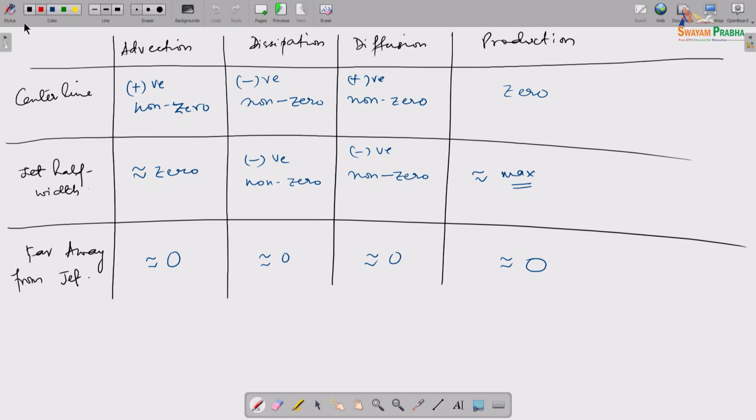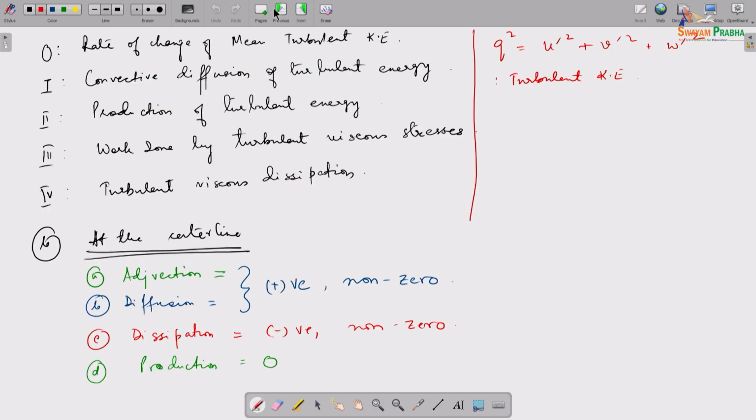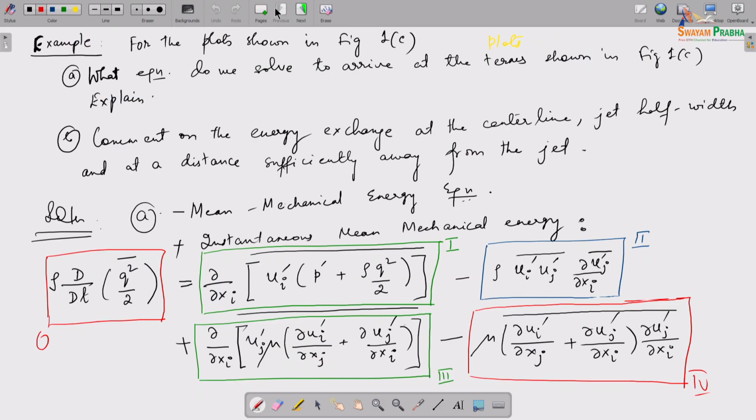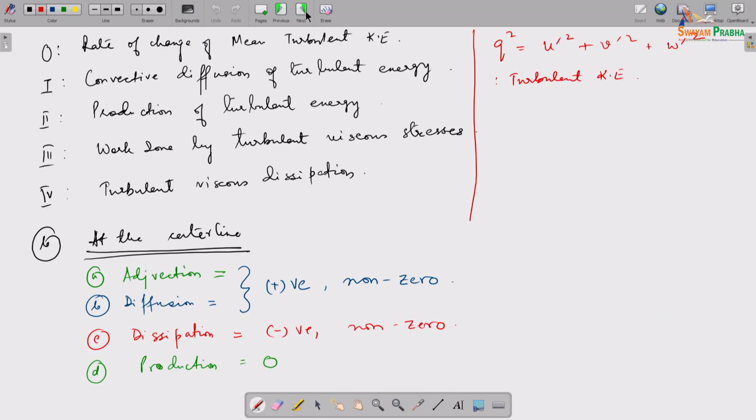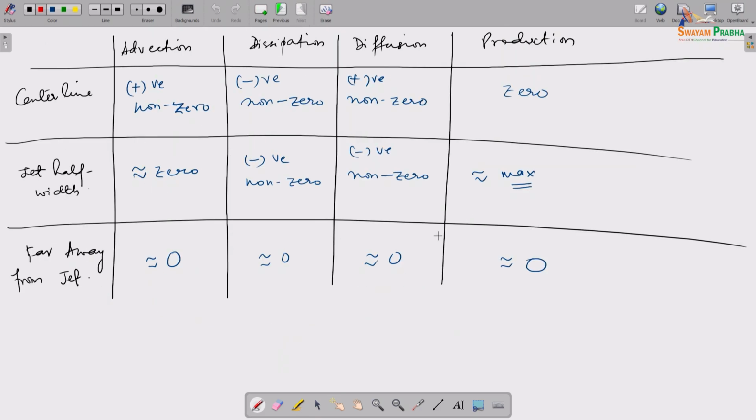When we move far away from the jet, of course, all the terms, if you look at the numerical terms here, are turbulent quantities. So as you move far away from the jet, these things become negligible, and therefore all these terms go to zero, and that's what is showing up.